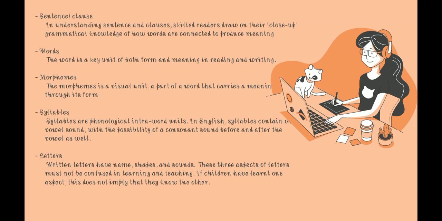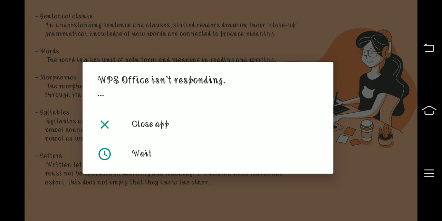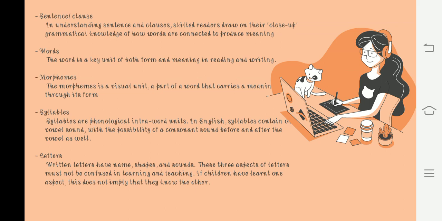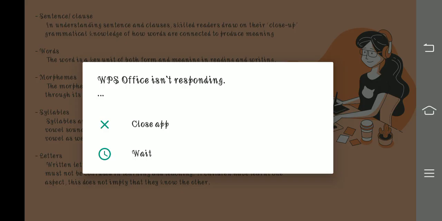In terms of form, words in written text in English have space on either side, so they are easy to spot, easier than in spoken language where words are often run together. And next point, morphemes. The morpheme is a visual unit, a part of a word that carries a meaning through its form.